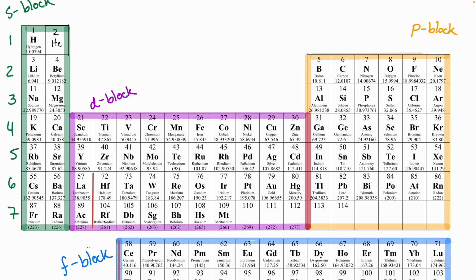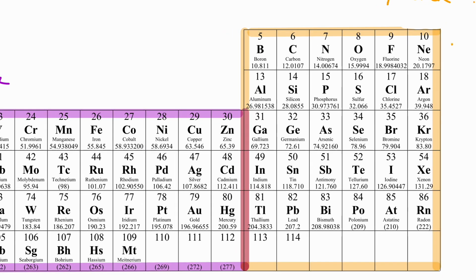Our S block, we start numbering at 1. Our P block, we're going to start numbering at 2. So that first row in our P block is 2, 3, 4, 5, 6, 7.